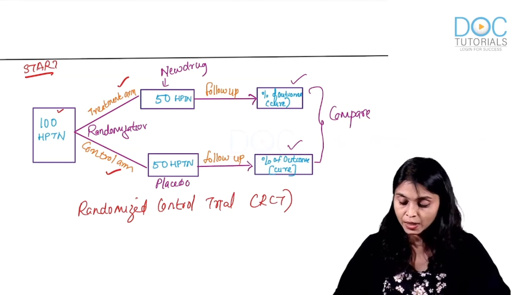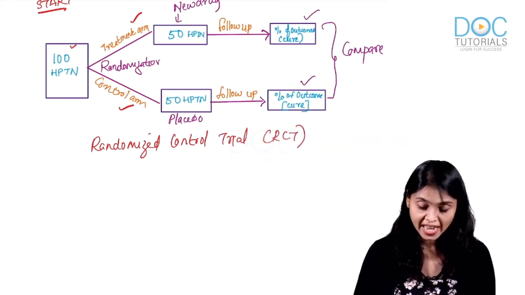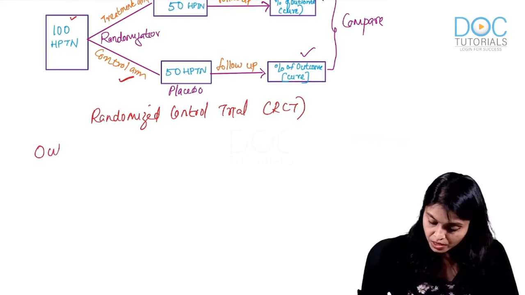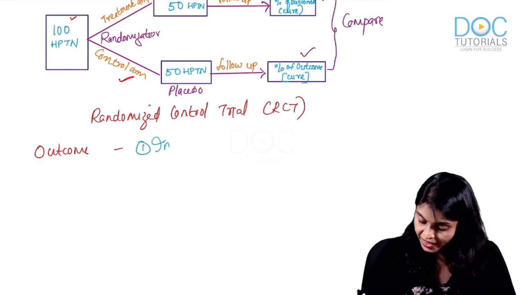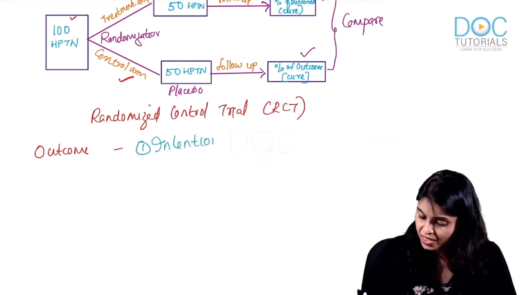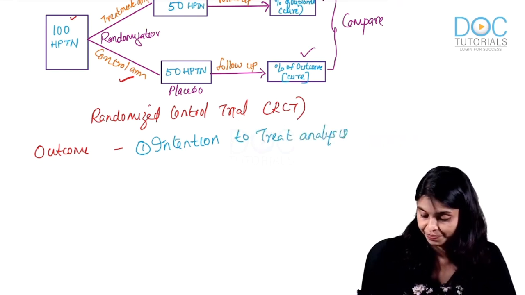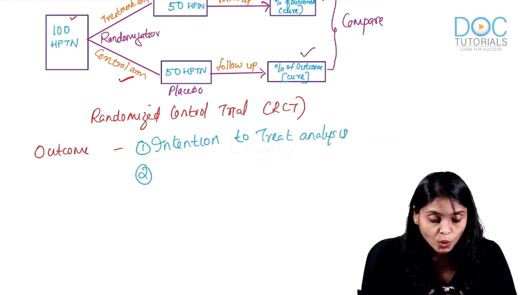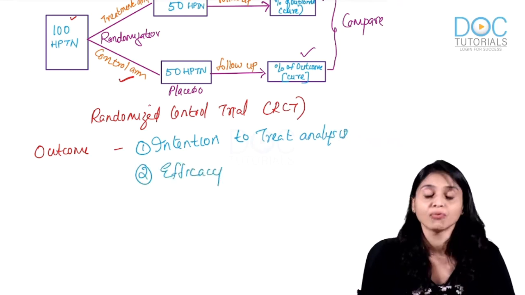Now let's see what are the outcomes in an RCT. Only the names, outcome measures in an RCT. First one, intention to treat analysis. Just be familiar with these names. Intention to treat analysis, which is a frequently asked question. Second outcome is efficacy of a drug.